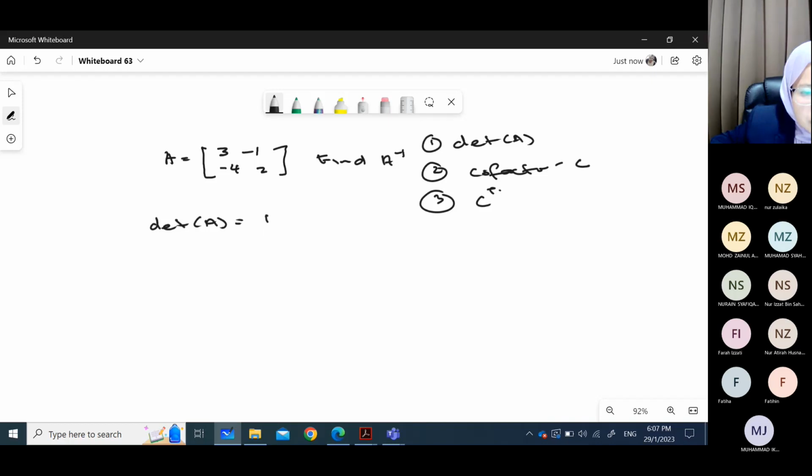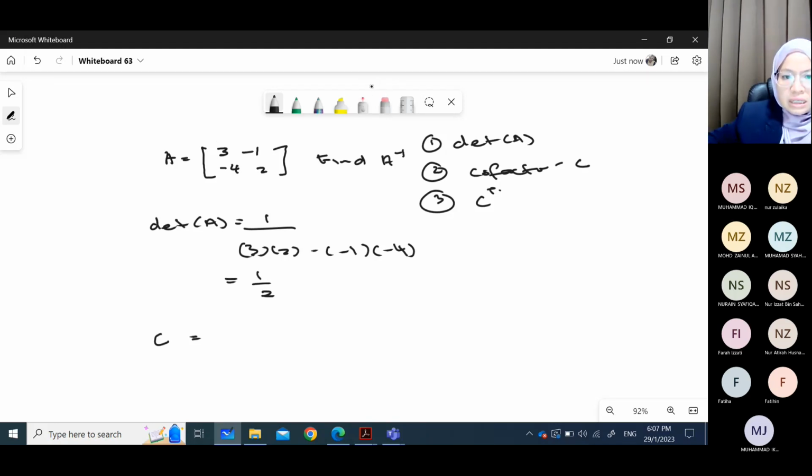You just cari determinant of A. It is equivalent with AD, 3 times 2, minus BC, negative 1 times negative 4. So untuk ni kita dapat 1 over 2. So this one is a determinant of A. Untuk cofactor, untuk C, you cari cofactor macam mana kita cari cofactor expansion tadi.